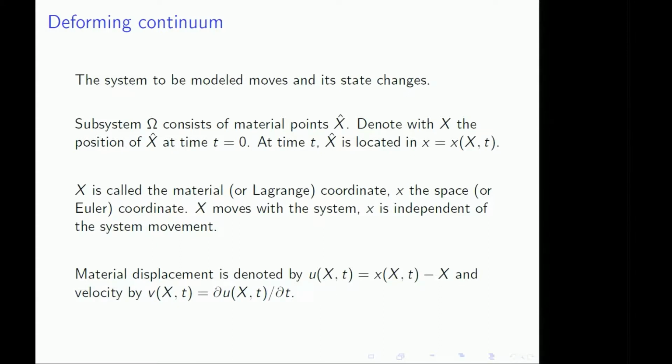We will denote by omega a generic subsystem. So it can be the whole system, it can be part of it. And omega consists of material points, which we denote by x hat. These are sort of mathematical material points, so not based on any atomic theory and not being individual atomic or elementary particles, but they are points in Rn.